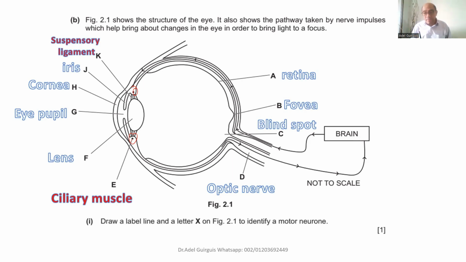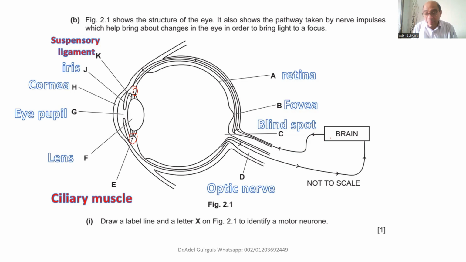Now the question: draw a label line and a letter X on figure 2.1 to identify a motor neuron. As you know, a motor neuron brings nerve impulses from the brain to what? To an effector, like a muscle or gland.